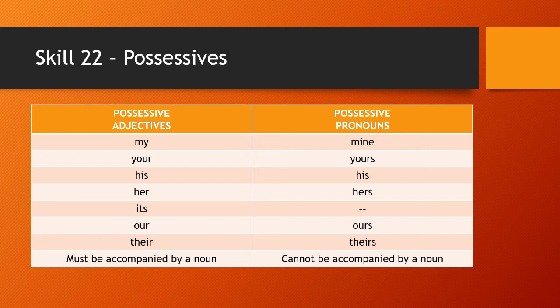And these are hers. And oh, these books are ours. So here, if we have a possessive pronoun, we no longer need the noun. It cannot be accompanied by a noun, just the possessive pronoun.